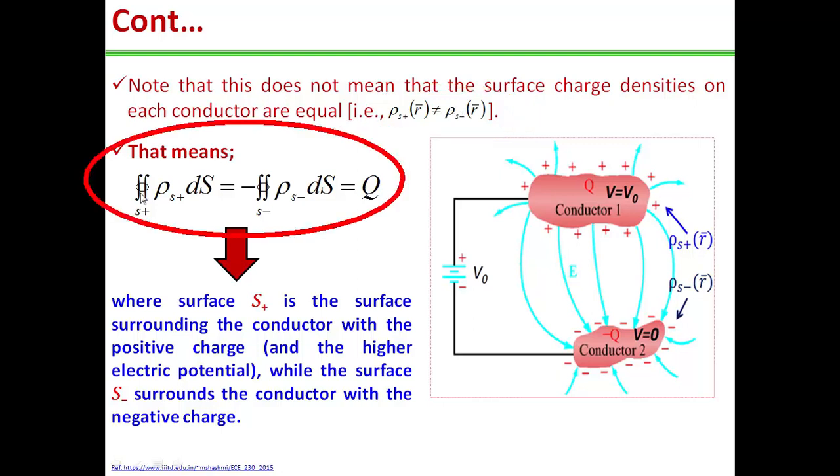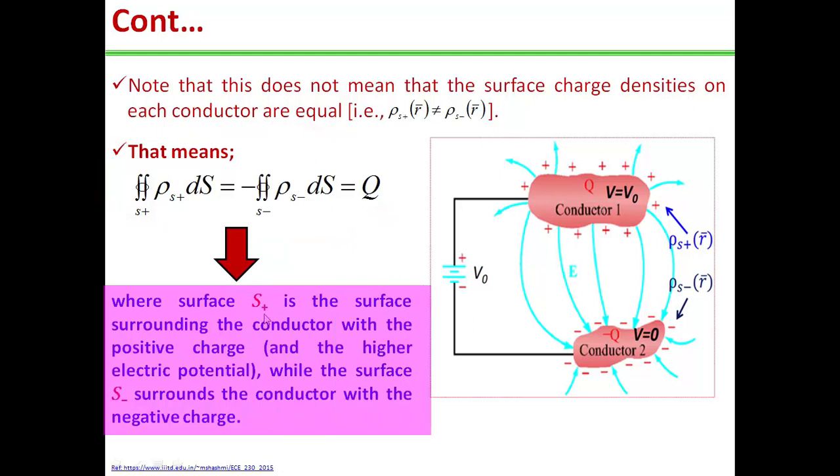This means the surface integral over S plus of rho s plus ds will be equal to minus the surface integral over S minus of rho s minus ds, and this will be equal to the total charge, where surface S plus is the surface surrounding the conductor with the positive charge and higher electric potential, while surface S minus surrounds the conductor with the negative charge, where the lower potential, or you can say zero potential, is observed.